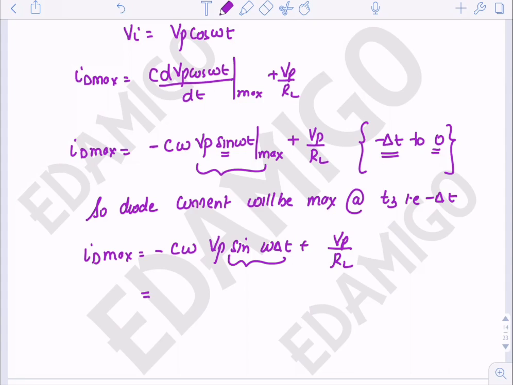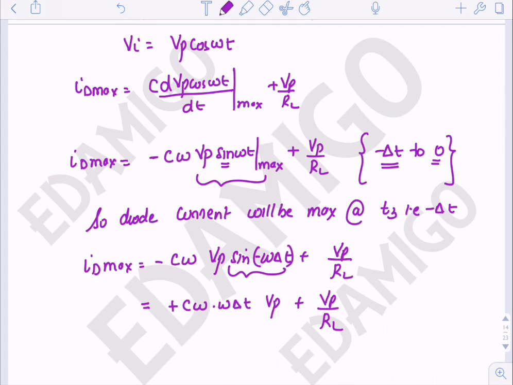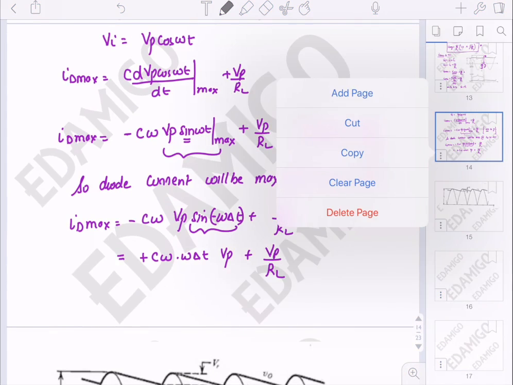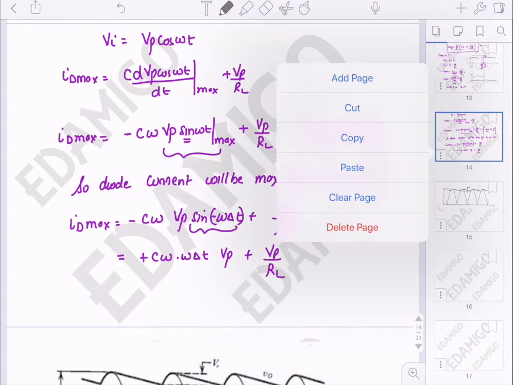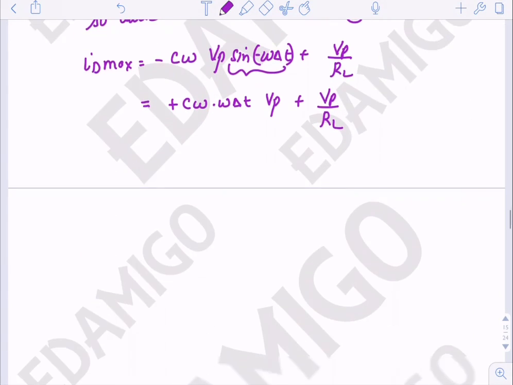So this can be written as plus C omega into omega delta t into Vp plus Vp upon RL. I think I have to add one more page. Okay. Now omega delta t can be written as under root 2 Vr upon Vp, plus Vp upon RL.